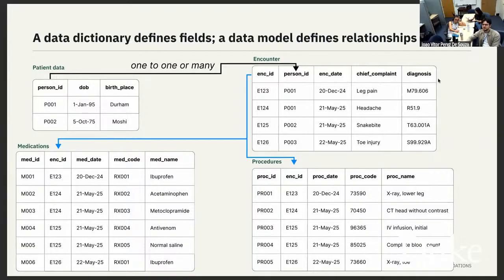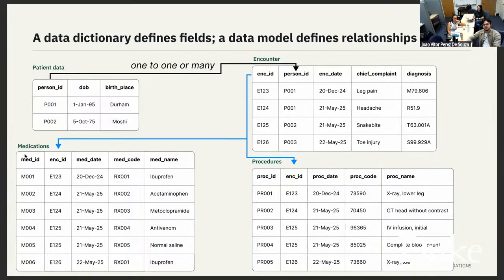At the same time, for each encounter, which is each visit to the hospital, you can have multiple procedures and multiple medications that were given to these patients. So for the same encounter, you can have an X-ray, a CT scan, many other procedures, a surgery, whatnot, for the same patient.